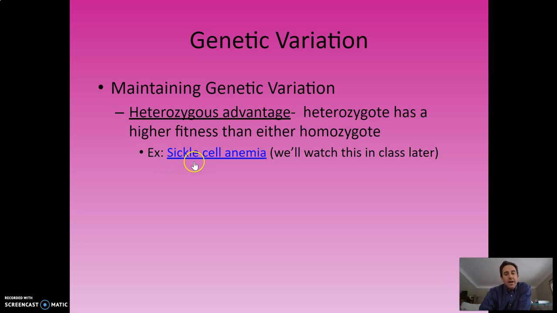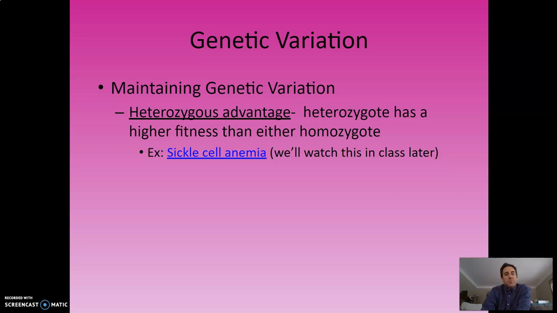If, however, you have homozygous dominant, you have two copies of the dominant trait, then you're not going to have sickle cell anemia, but it turns out that you are more at risk of being infected with malaria. And so it turns out that if you're a heterozygote, you have an advantage over either homozygote, because you don't have sickle cell anemia, but you're also more resistant to malaria.